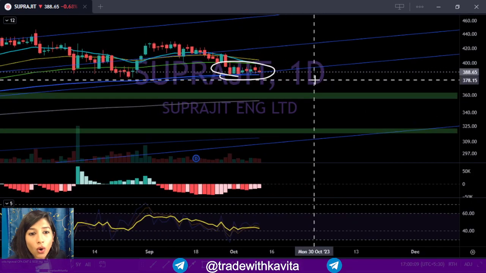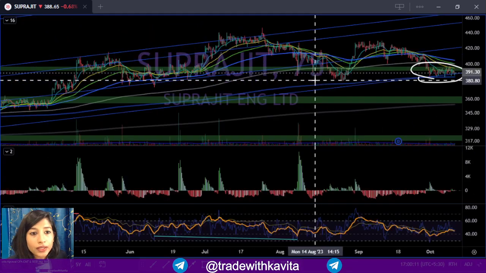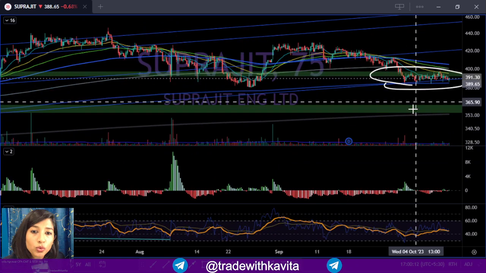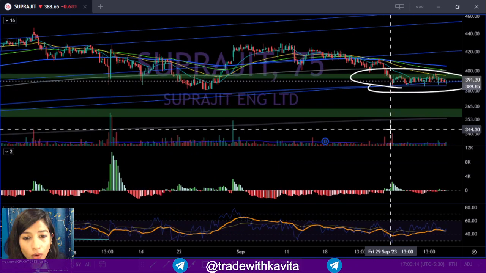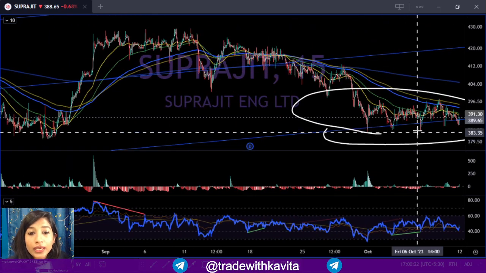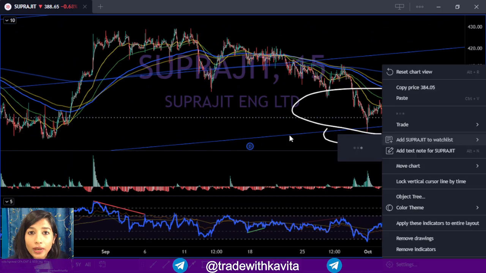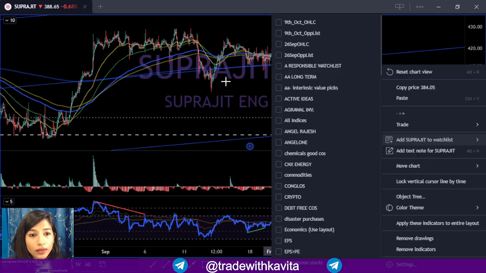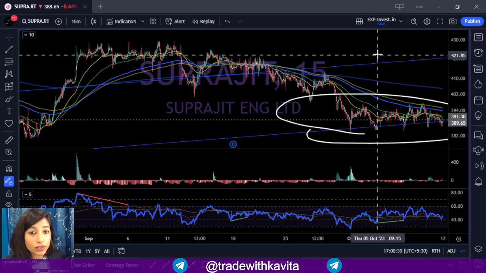A lot of people call this narrow range, right? So usually a strong breakout happens from this narrow range. And what I am seeing in the volume analysis and momentum analysis, it is expected that the breakout will happen on the upside, right? So I would suggest you to definitely, gosh, my internet is so bad today.